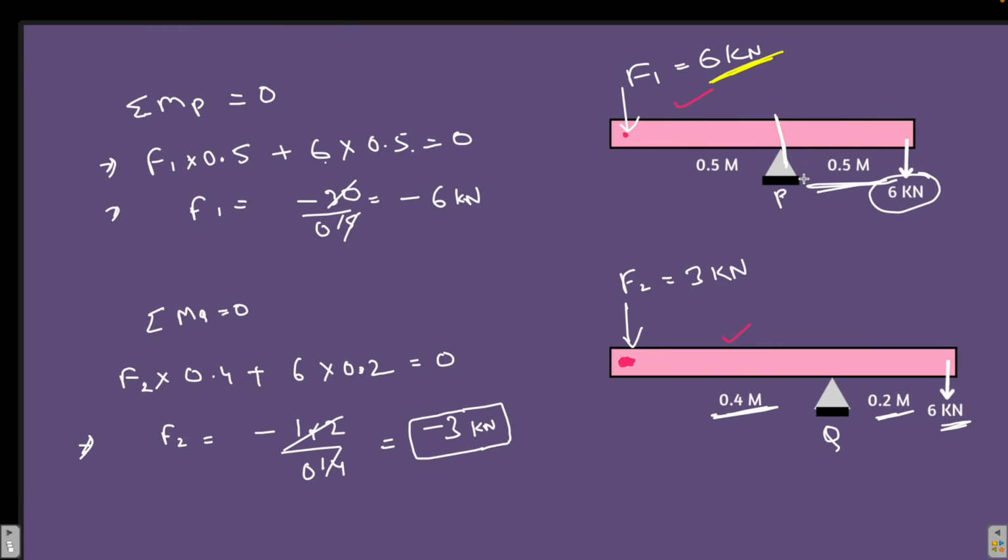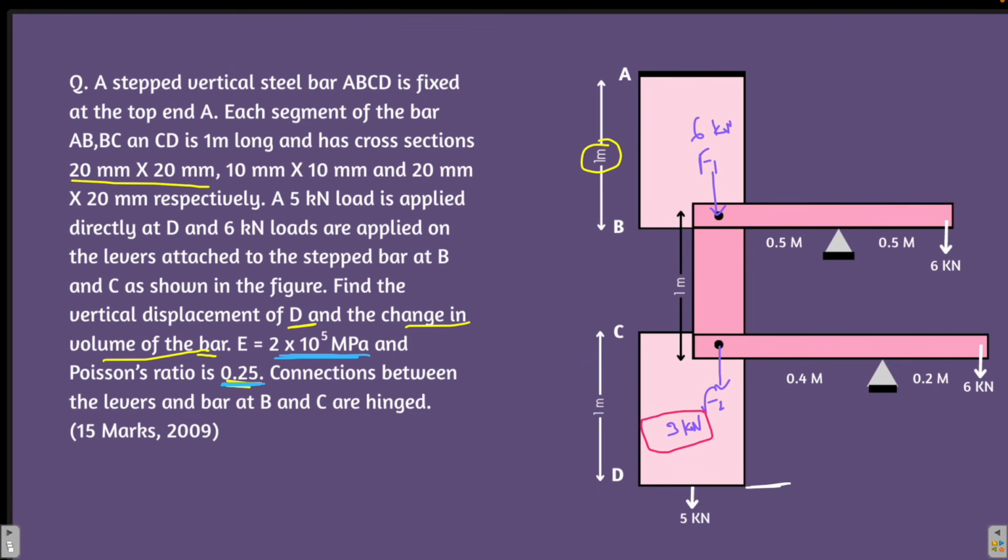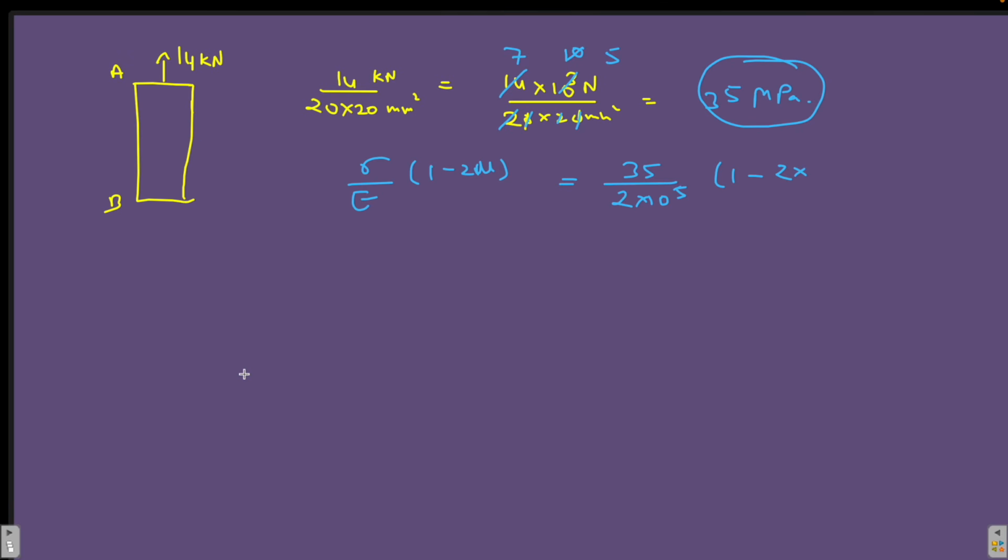It is 0.25. Now if you solve this, 35 by 2 into 10 to the power 5, and then 1 minus 0.5, the value you get is 8.75 into 10 to the power minus 5. This is the volumetric strain, and it has no units, for AB.